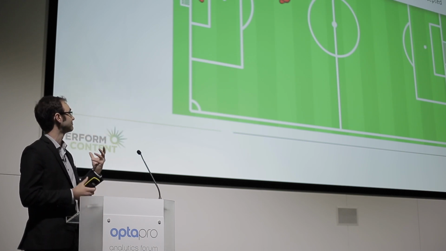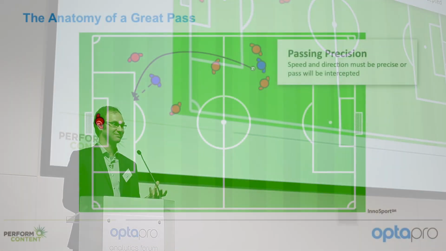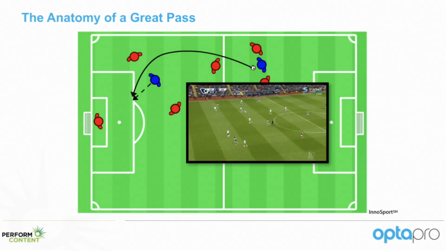So let's talk about passing from a general perspective. Great passing in football has a very specific signature. First off, we expect great passing to be very precise. In other words, when a player passes the ball, he needs to locate it very precisely, otherwise it will be intercepted or blocked. Here's an example.